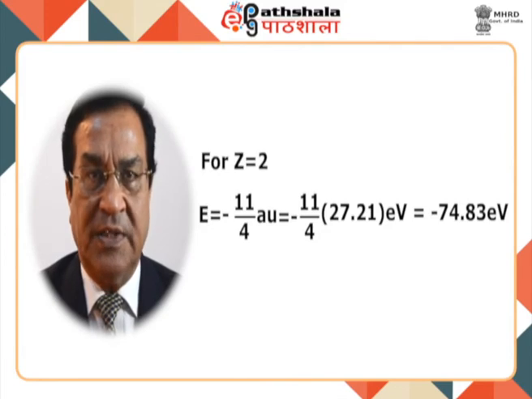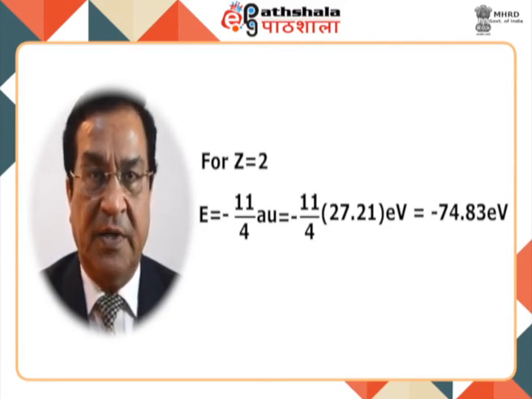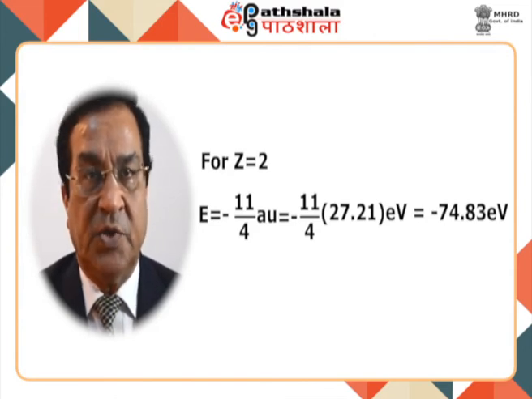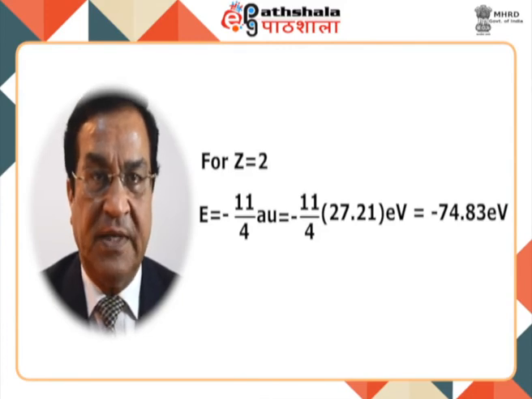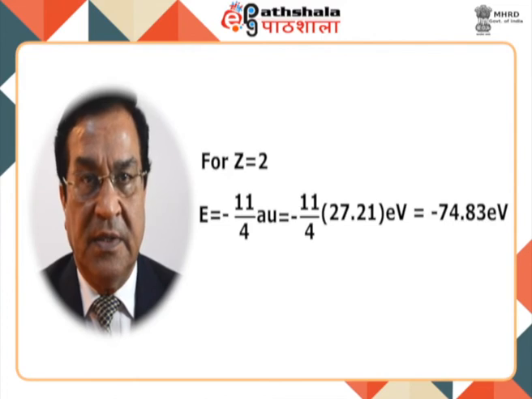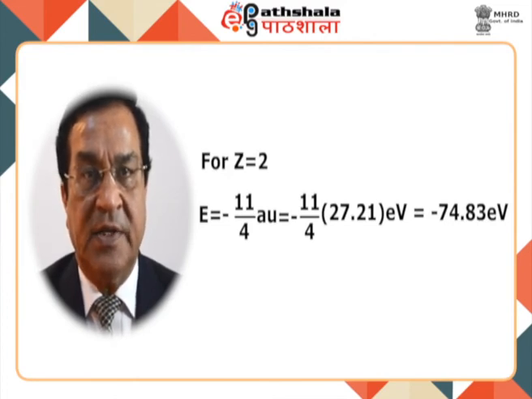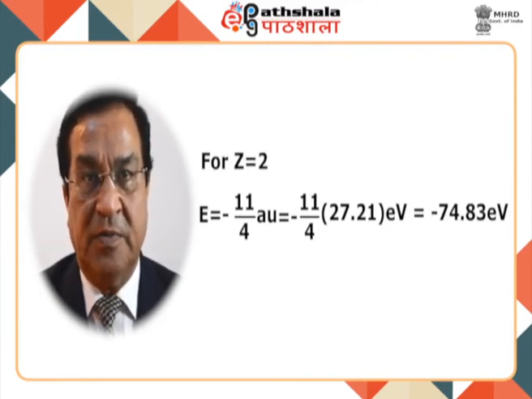So using all that we have already learned, we could calculate the total energy of the helium atom. And you have seen that in the case of helium atom, the energy which we calculate using time-independent perturbation theory comes very close to the experimental value. The error is about 5%, which is quite reasonable.